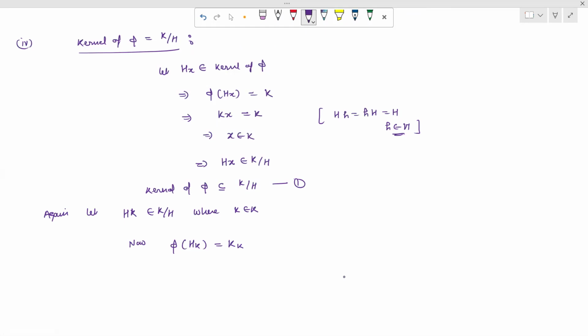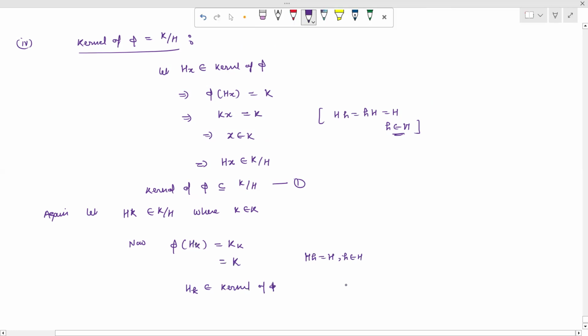So this Kk, because k belongs to K, is equal to K. So again we use this definition, Hh is equal to H, so we can say that h belongs to H. So Kk can be written as equal to K. So this means that hk belongs to the kernel of phi.